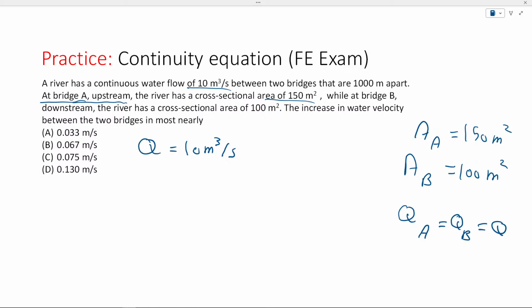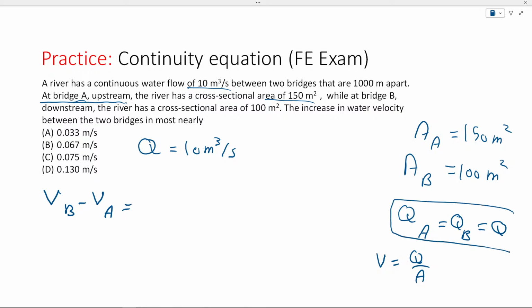Basically it's asking what the increase in velocity is, just this velocity minus that velocity. Can we do this? Yes, we can, because velocity is equal to Q over area, and Q is the same.